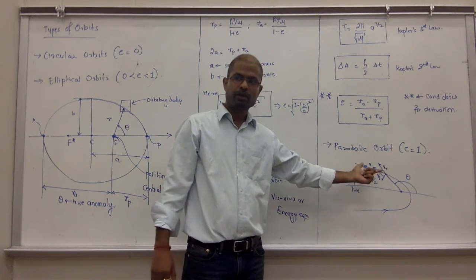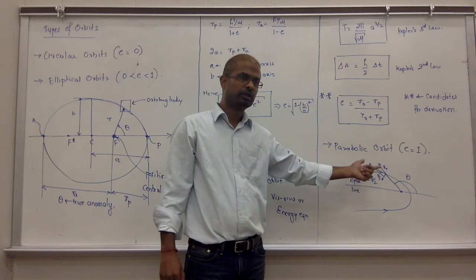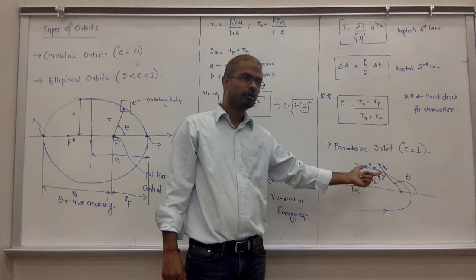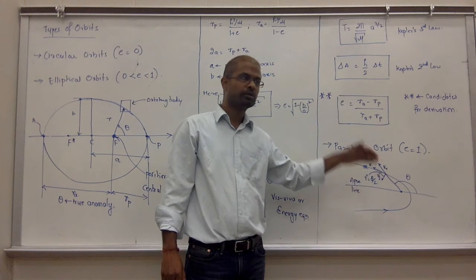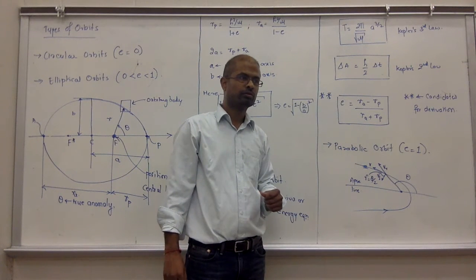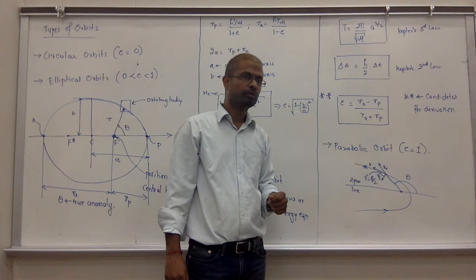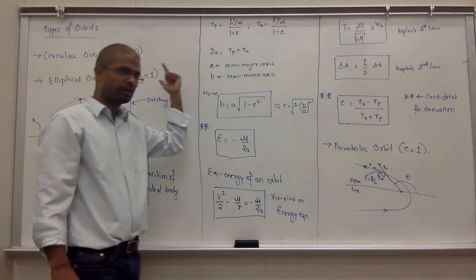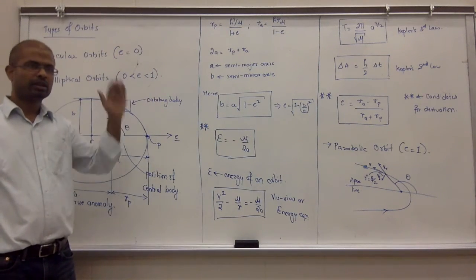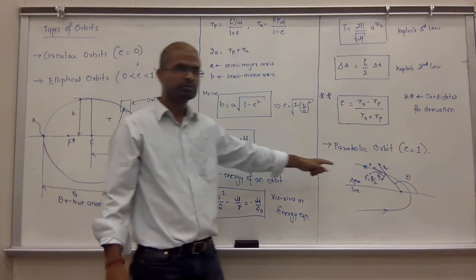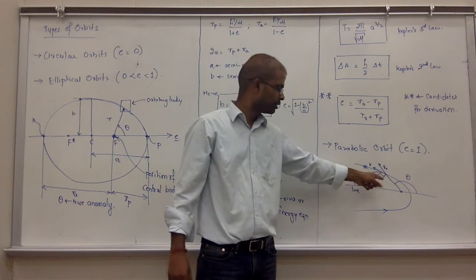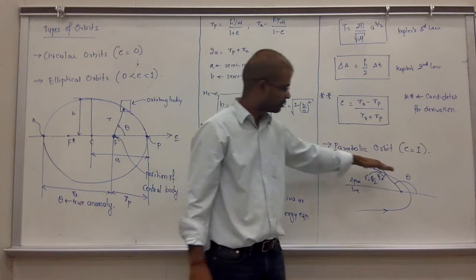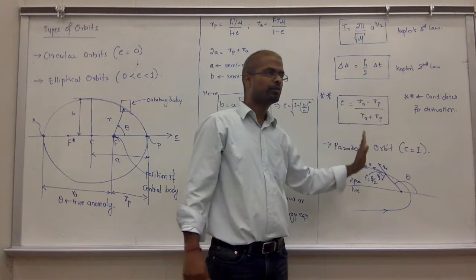It eventually becomes rectilinear. The motion ceases to be conic motion and becomes linear motion. If you really take this far, it actually becomes linear. At that point, the velocity is perpendicular to the position vector.